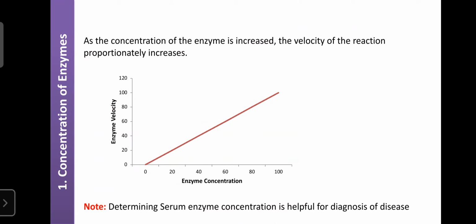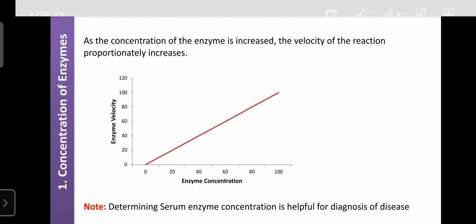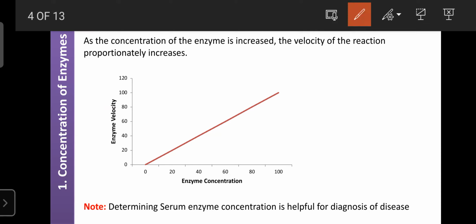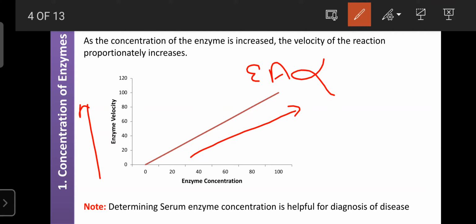First one is the concentration of the enzyme. From the graph, you should know that as the concentration of enzyme increases, the enzyme velocity or enzyme activity also increases. It means the enzyme activity is directly proportional to the enzyme concentration. If enzyme concentration increases, the reaction also increases.